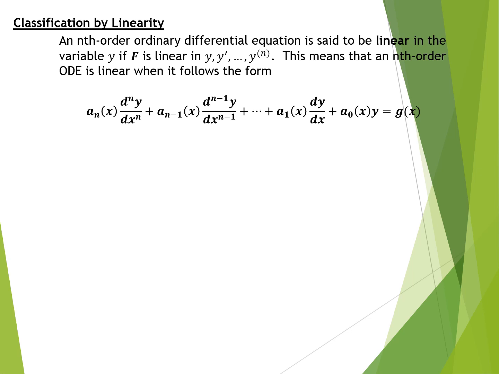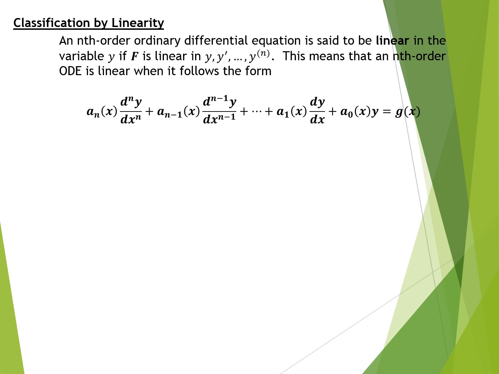This means that an nth order ODE is linear when it follows this form. Let us analyze this form. Notice that the coefficients here, a0(x), a1(x), and so on, are all coefficients of x. And then these are all first degree: d^n y/dx^n, d^(n-1) y/dx^(n-1).